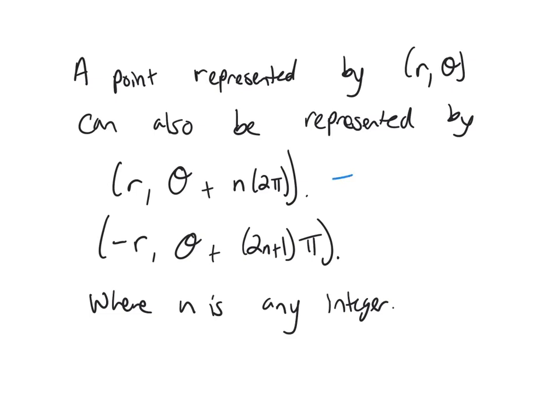So if I add even multiples of pi, the radius would stay the same. If I add odd multiples of pi, your radius is going to change signs.